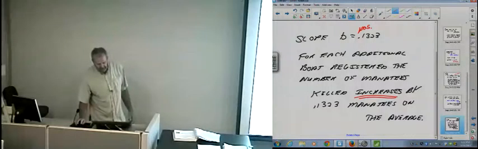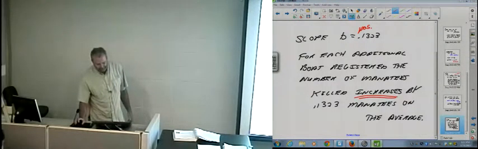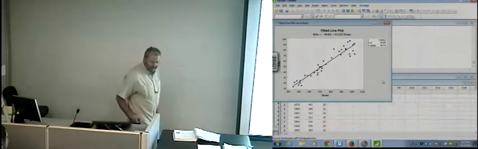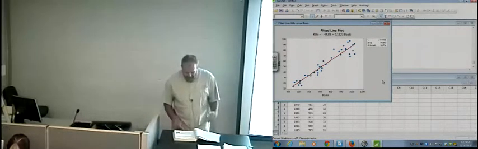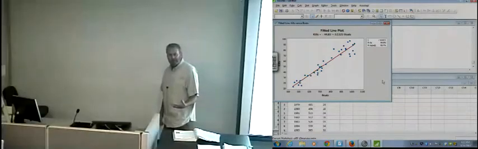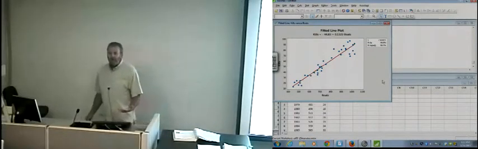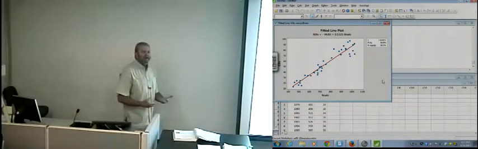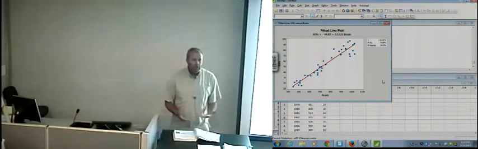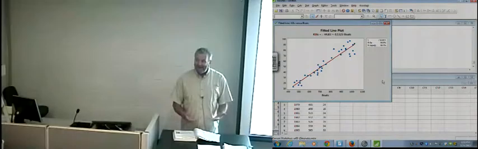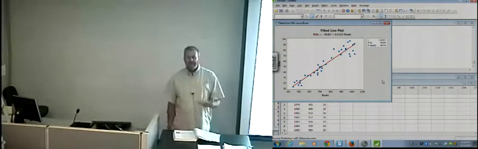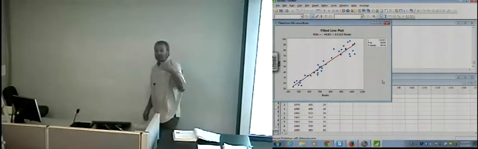Well, when I look at this, you understand that they've rounded this off, right? The number of boats is in terms of thousands. So if they're talking about making a prediction when you're looking at 890,000 boats, what number am I looking at here? I'm looking at it being 890. Remember, the data is given to you in terms of the number of manatees killed, straight up number.